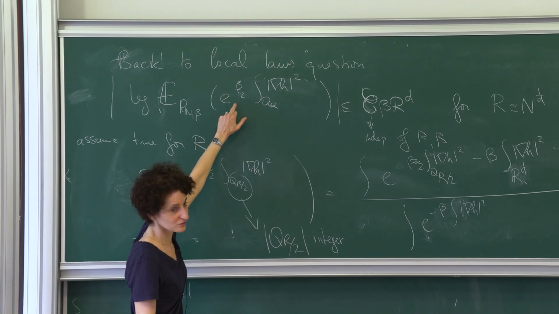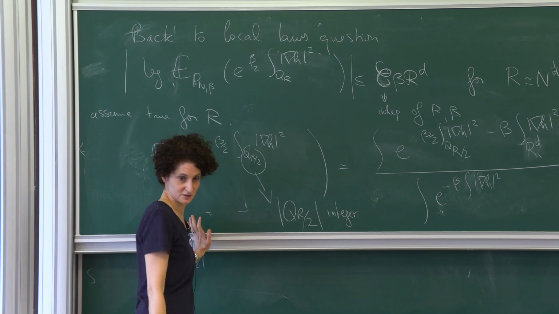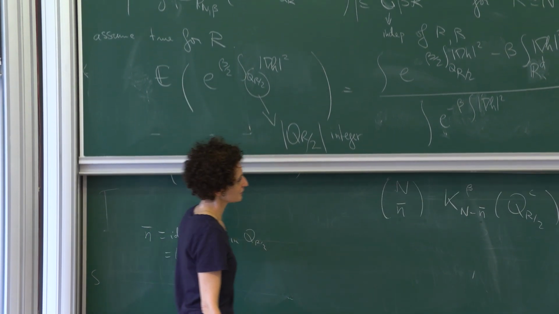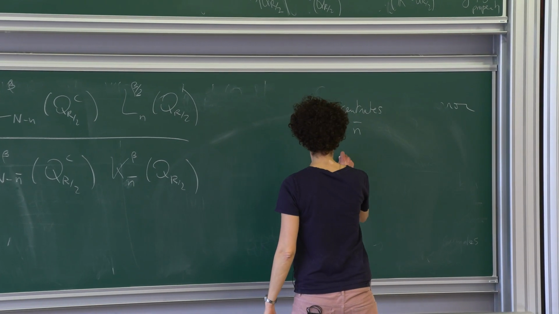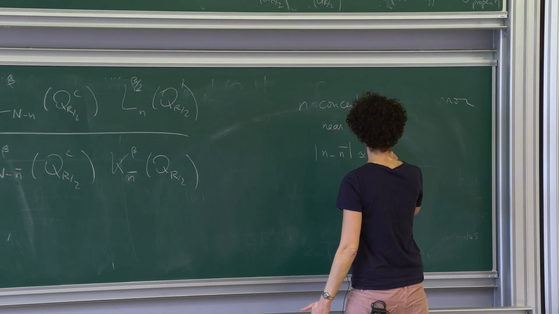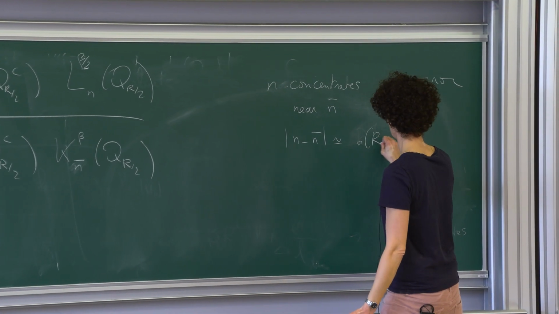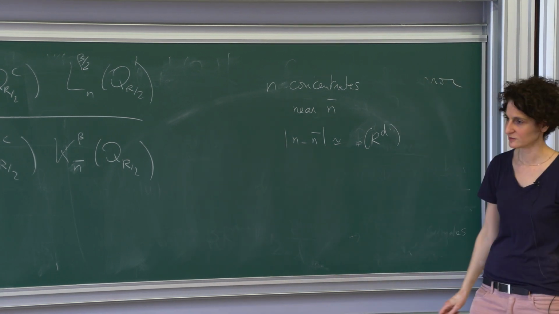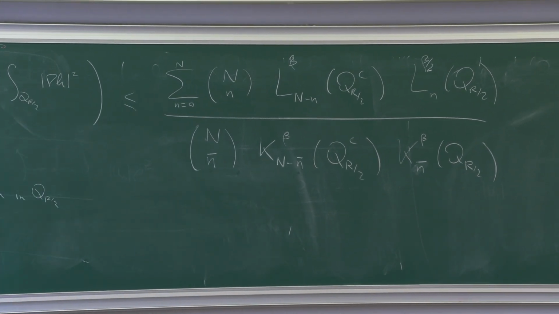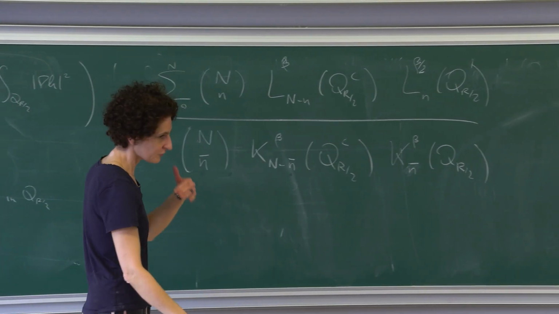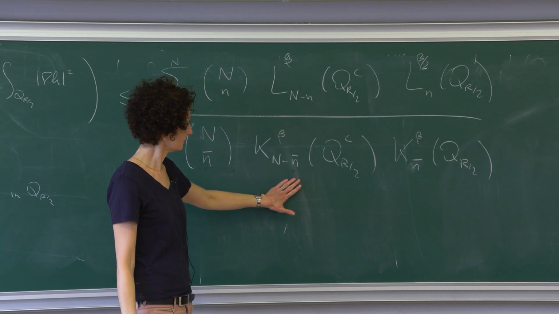I assume that this is true in R, so I already have a very good estimate with that. So I can throw away the events where n is not very close to n bar, and you can estimate it in terms of little o of R^d, at least certainly your errors. So you can throw away many things in your sum here. And so for the sake of presentation, let's think of little n as being equal to little n bar.